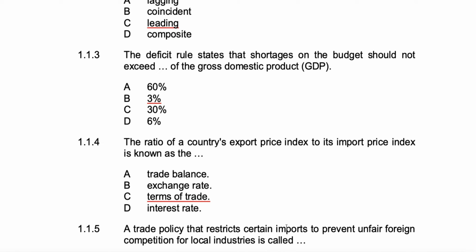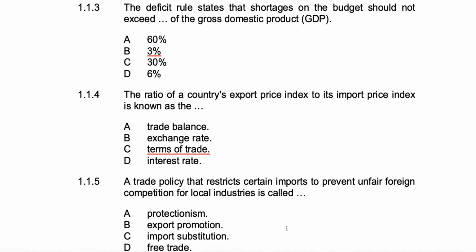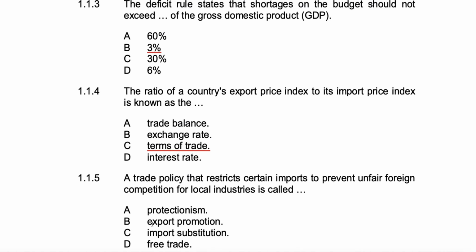So when there's a restriction of certain imports, maybe a restriction in terms of numbers, that then becomes quotas, or let's say, but it's not saying a total ban. So this one, okay, quotas are based on what we have here. Let's see. It will be protectionism, okay?